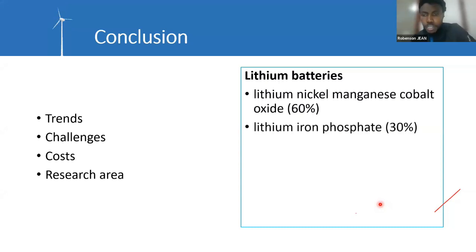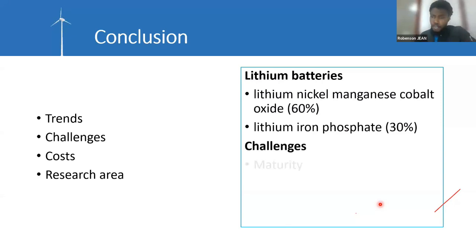The electrode with lithium iron phosphate was leading the last decade, but now it is behind lithium nickel manganese cobalt. So lithium iron phosphate is nowadays available at 30%.